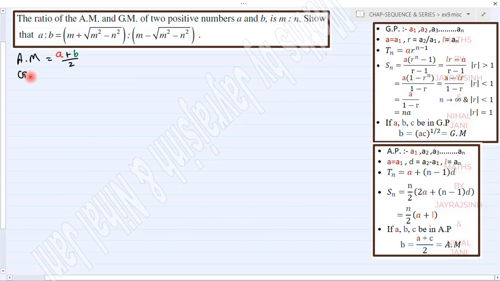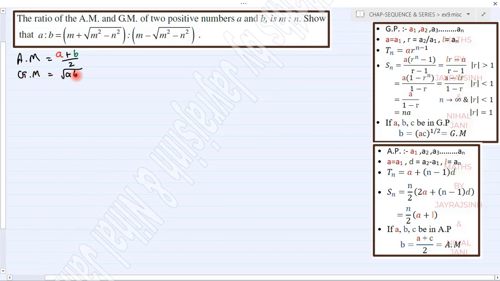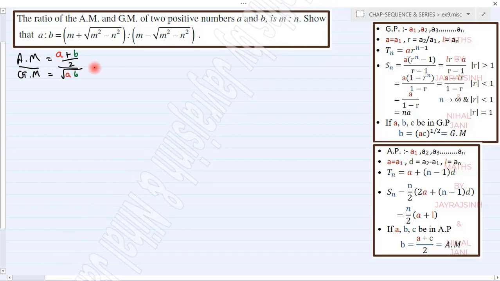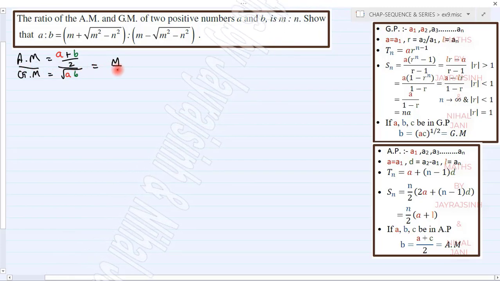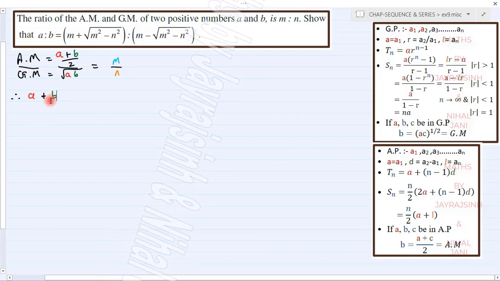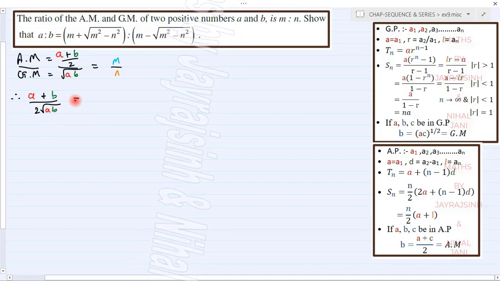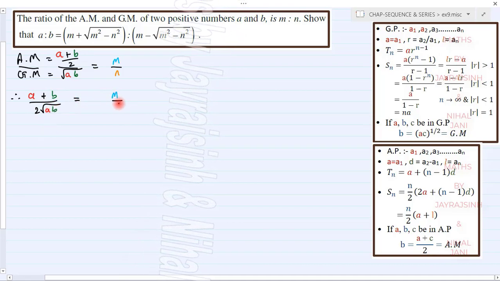And now we have to find the geometric mean, which is under root of ab. It is given that their ratio is equal to m:n. So here we'll get (a plus b) upon 2 times under root of ab is equal to m:n.